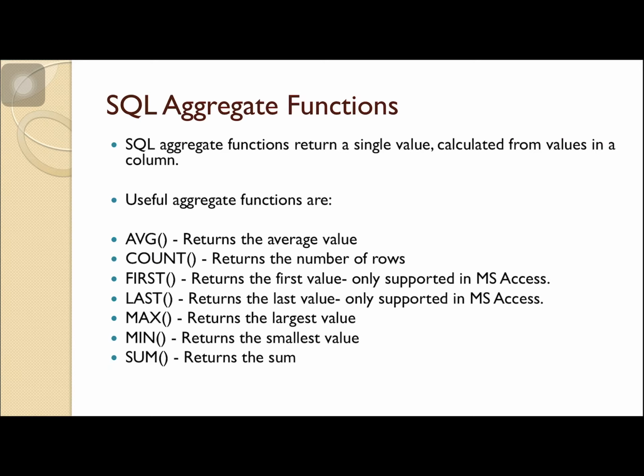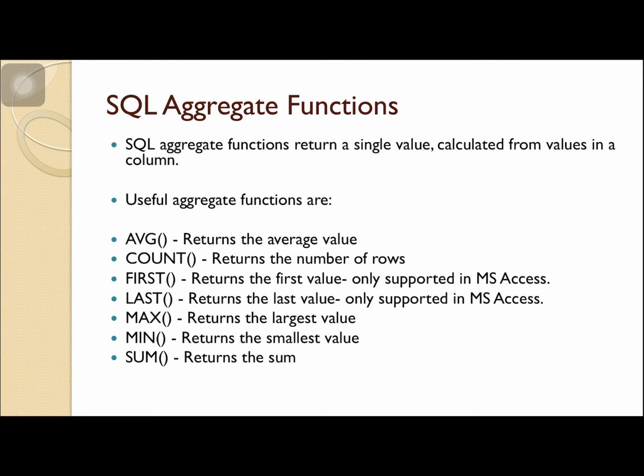Next is the SQL aggregate function. There are several SQL aggregate functions which are applied on a set of rows. These are not applied on a single value or a single row. These are applied on a set of rows, and give the output as a single value.